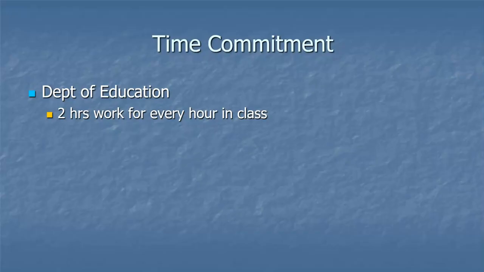So with all of these courses, let's talk about the time commitment that is needed to be successful in the program. The Department of Education states that we should give you 2 hours of work outside of class for every hour that you are in class.